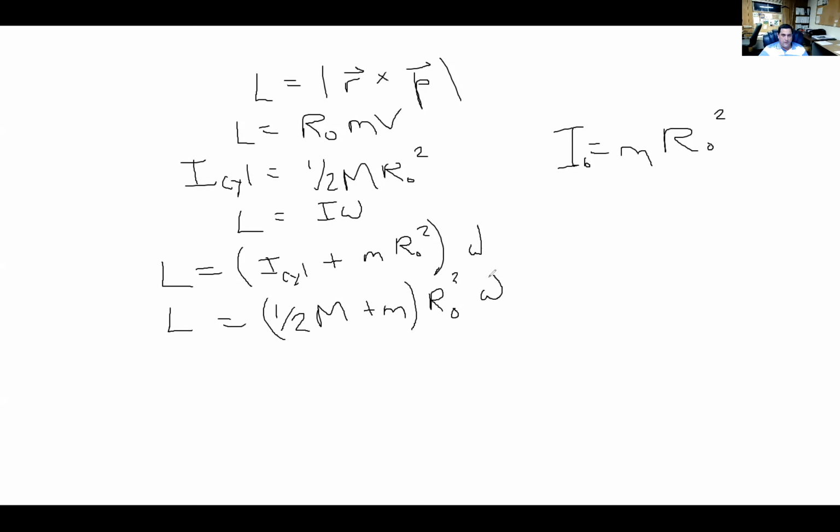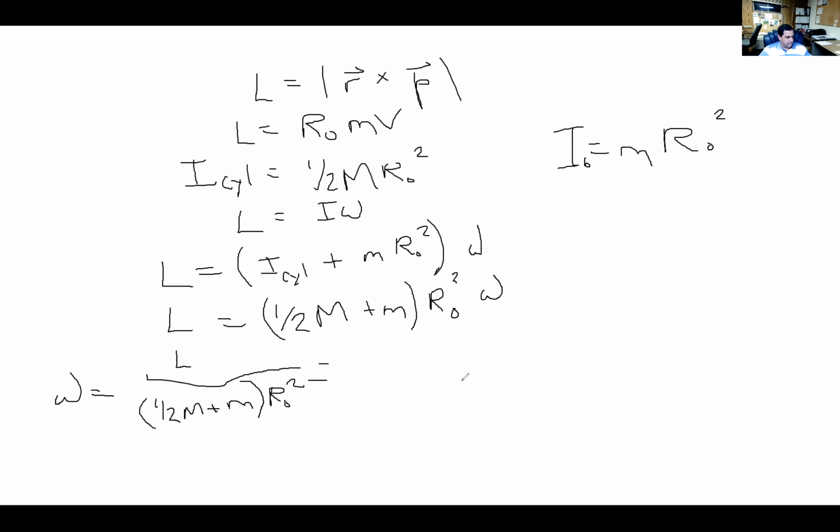If I rearrange this to solve for angular velocity, I end up with angular momentum divided by 1/2 the mass of the bullet plus the mass of the cylinder, R0 squared.